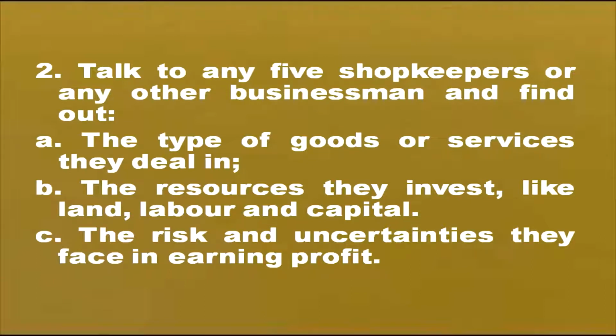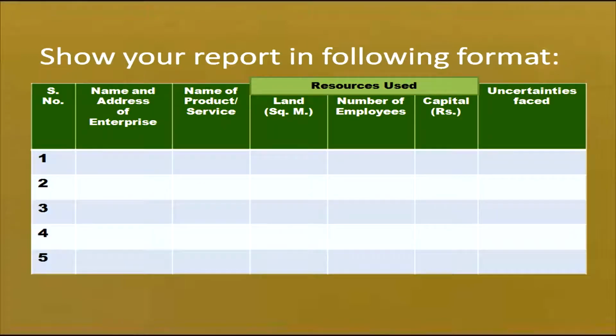Show your report in this format, that is serial number, name of the enterprise that you have visited, name of the product or service that they are engaged, and how much land is required or used by that particular organization, and number of employees, then capital and uncertainties they have faced.